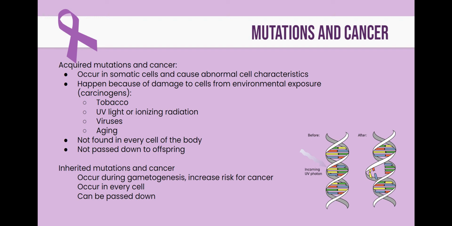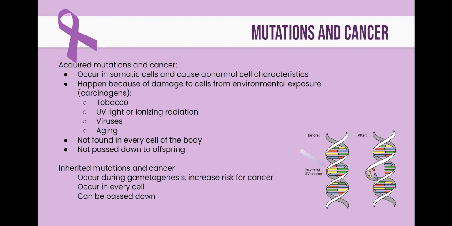Acquired mutations and cancer. So these are responsible for most of the cancers that are diagnosed. These mutations occur in somatic cells. So they can happen in a skin cell, they can happen in the cells that make up breast tissue, but something happens locally at that small level, and it causes abnormal cell characteristics. And this happens because of damage to cells from environmental exposure.